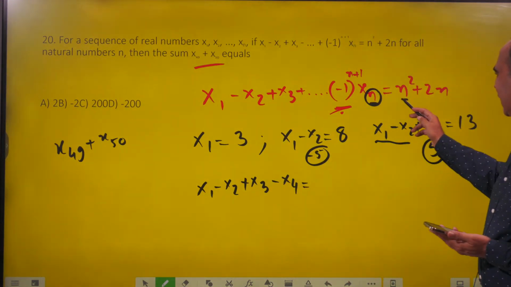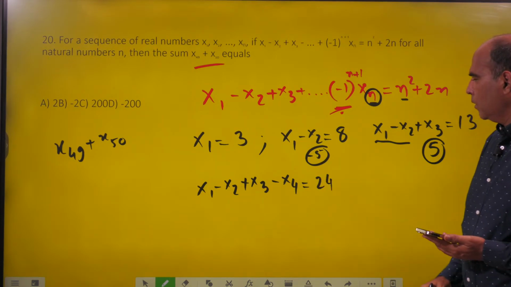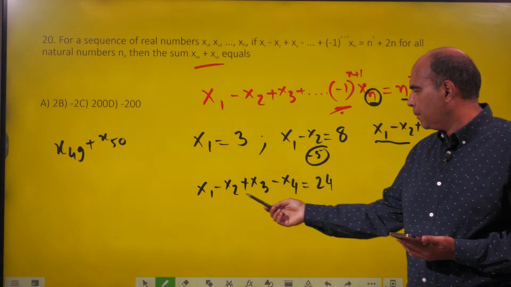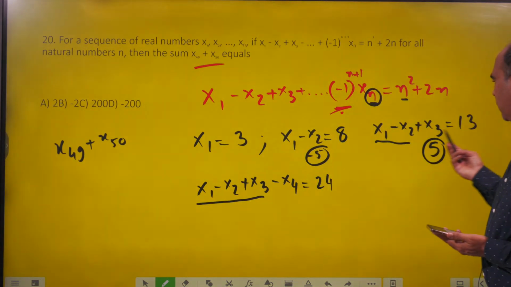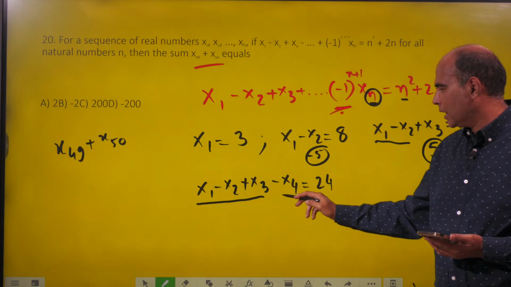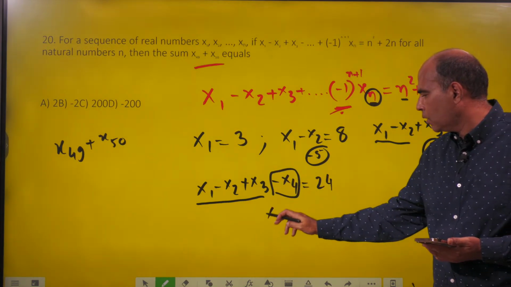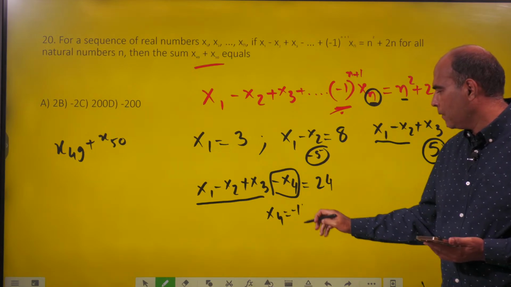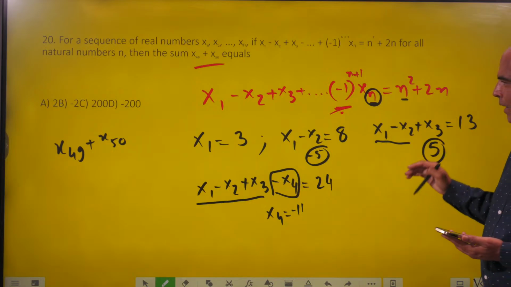This value is 16 plus 8, 24. So the value of x4 is coming out to be, this expression is 13 from here, and this expression is 24, so x4 is minus 11. That's what we got for x4. x3 plus x4 is coming out to be minus 6 here.